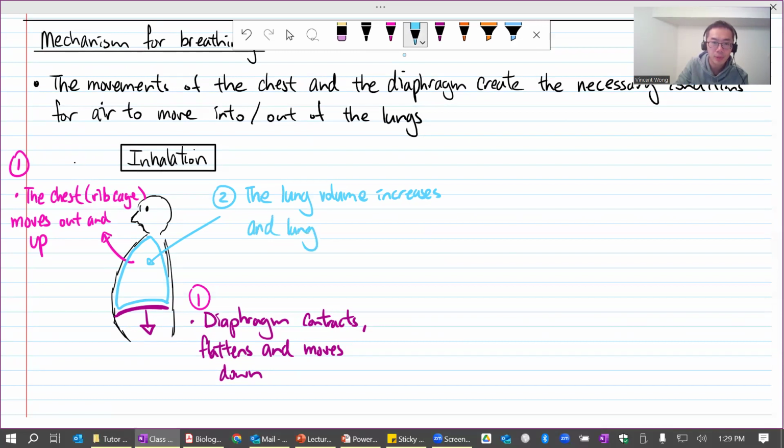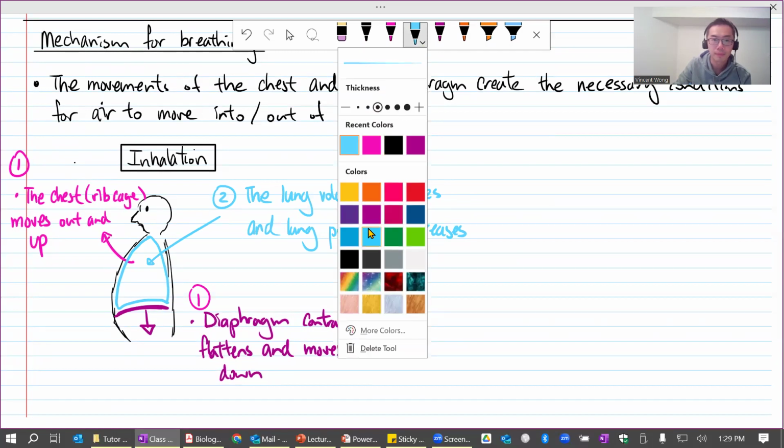And lung pressure, what happens to the lung pressure? If we increase the volume, what happens to the pressure? Does it also increase or does it decrease? Decrease. That's right, because of Boyle's law, right? Because of Boyle's law.